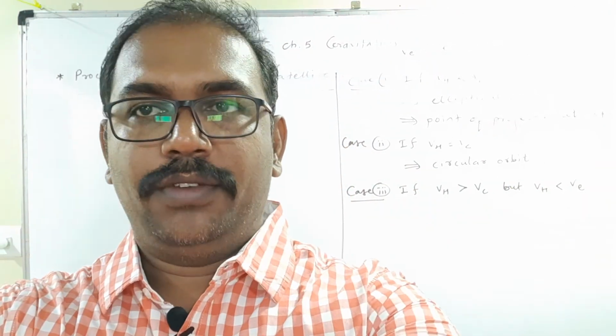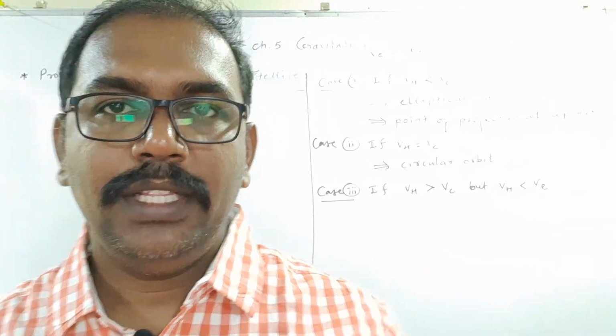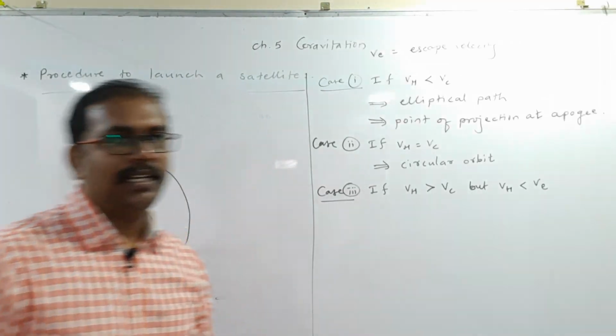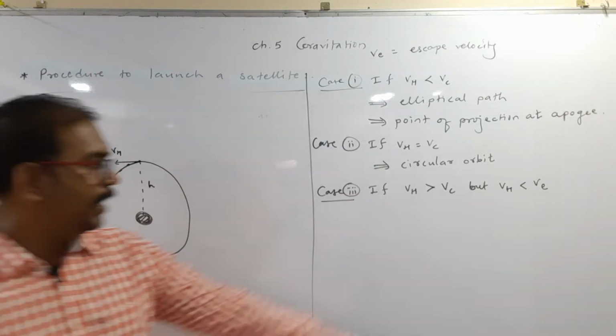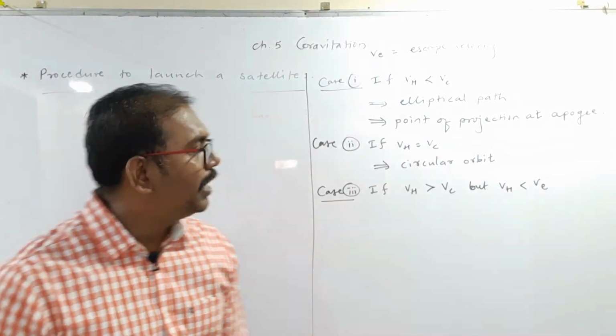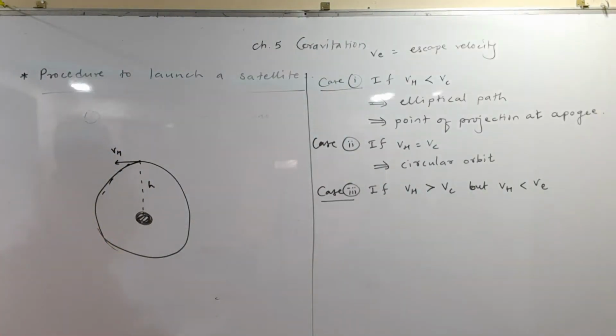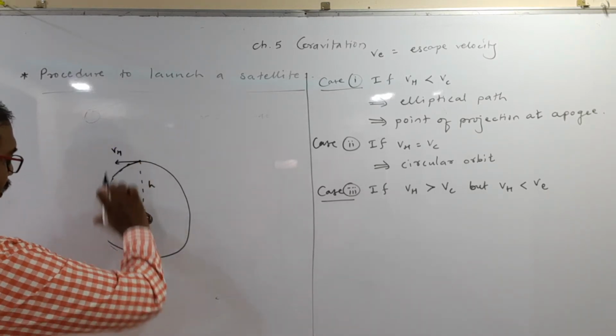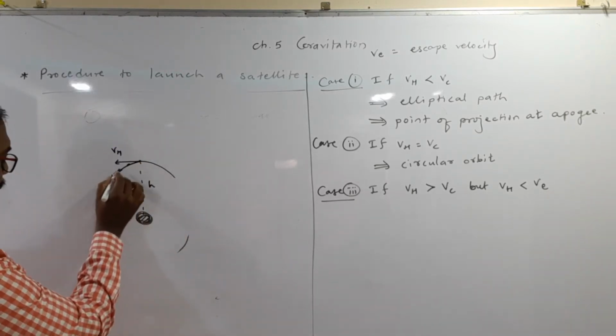Now here the horizontal velocity we are giving is less than escape velocity. Obviously the satellite is not escaping the gravitational field completely. It is not escaping.